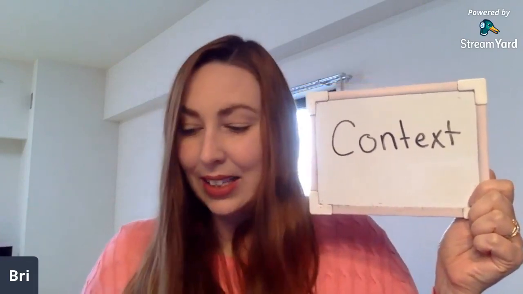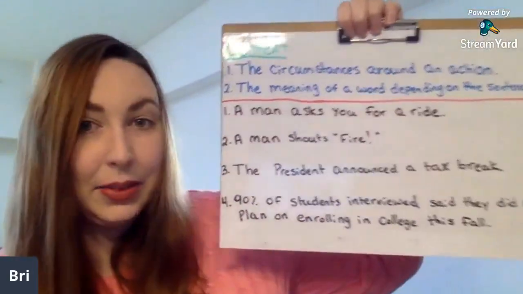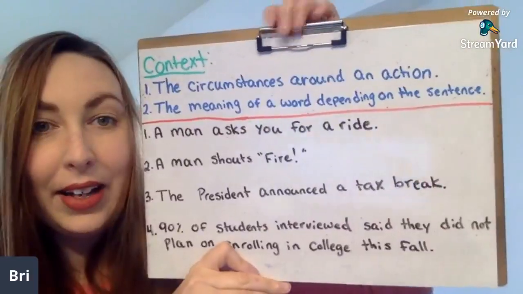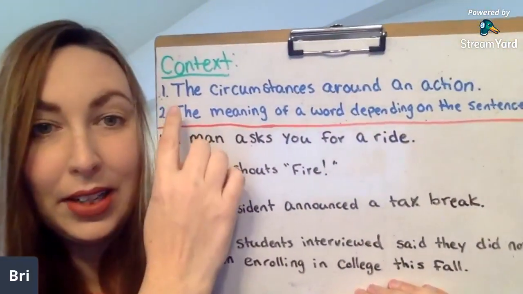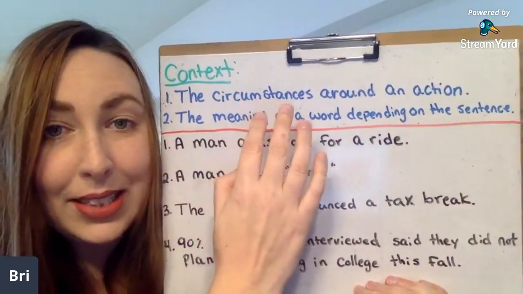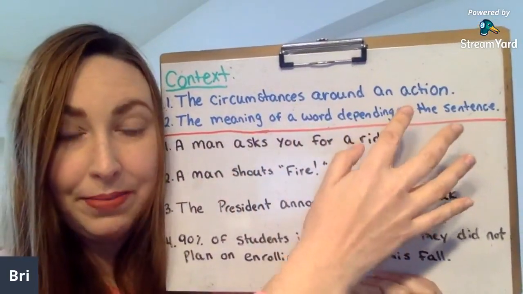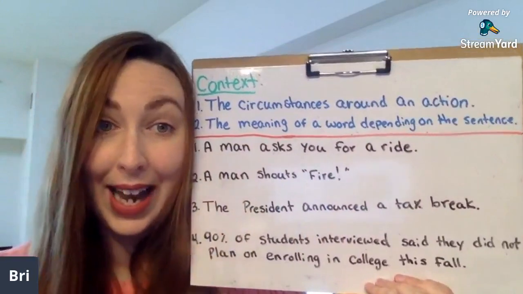Let's look at my other board. Okay, let's look at this one. All right, so we have context defined up here. So number one, the circumstances around an action.